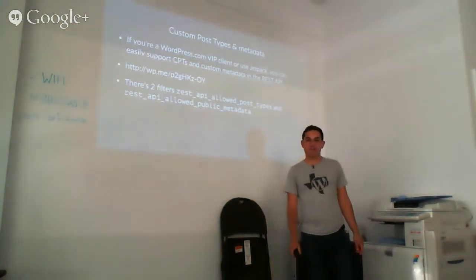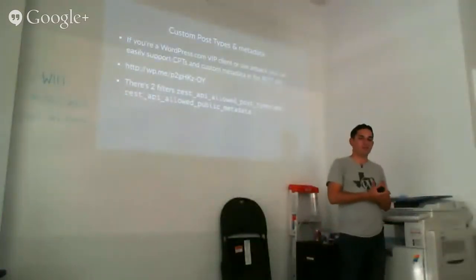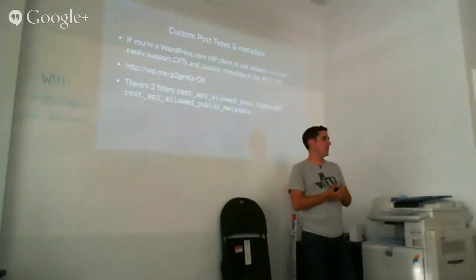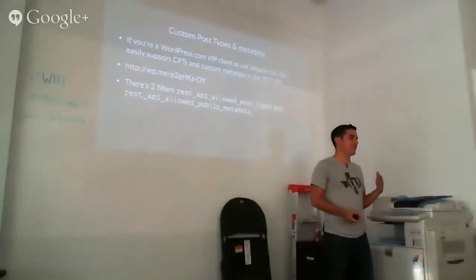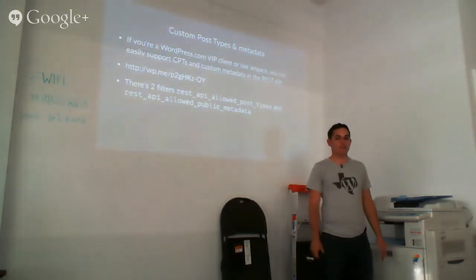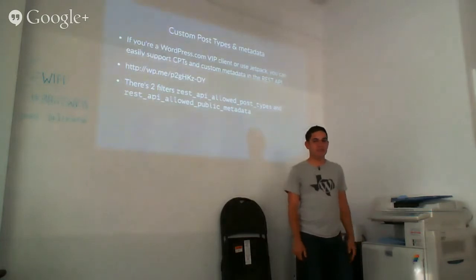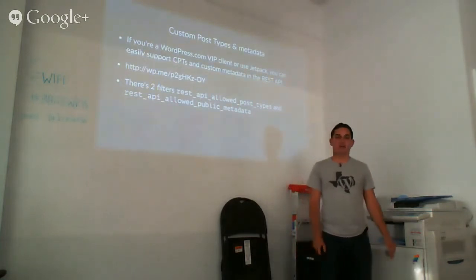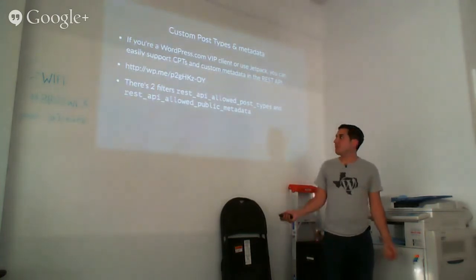A quick note on custom post types and metadata. If you're a WordPress.com VIP customer, which I don't believe any of you in the room are, but at some events that I speak at, there sometimes are, or if you use Jetpack, you can use custom post types through the REST API as well as custom metadata. We have a post on the developer site that explains how to interact with it, but it's pretty basic.